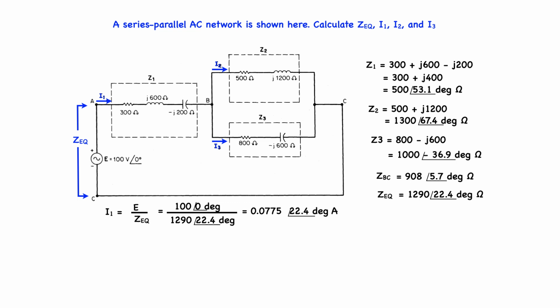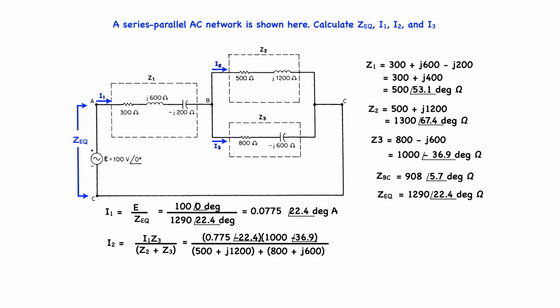For I2, we use the current divider rule. I1 times Z3 all over Z2 plus Z3, which equals 0.0775 at minus 22.4 degrees times 1000 at minus 36.9 degrees all over 500 plus j1200 plus 800 minus j600.